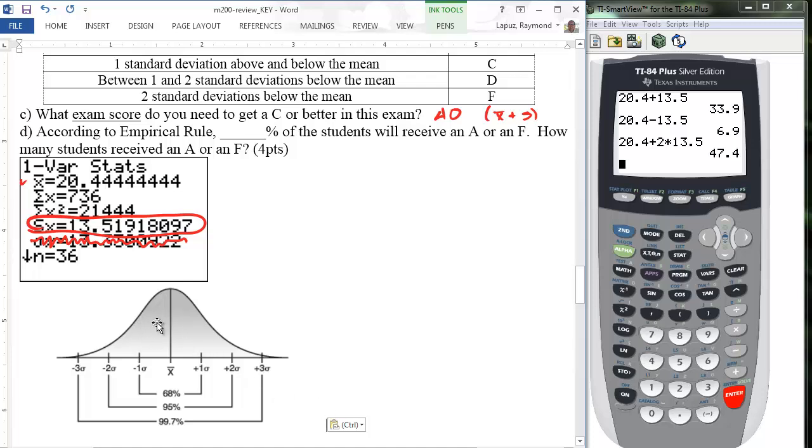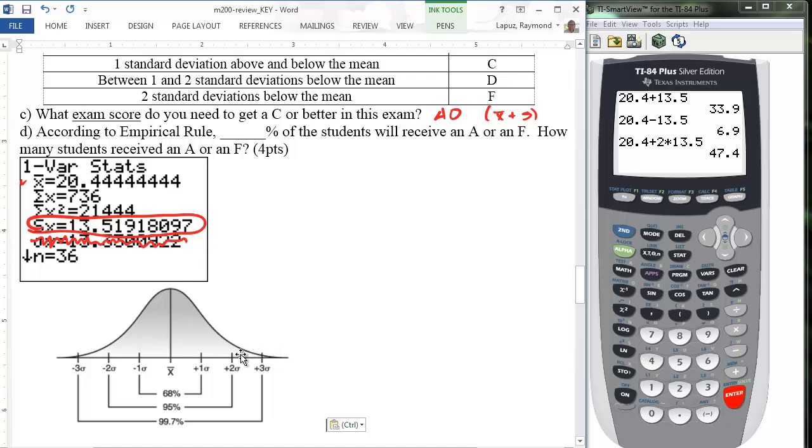This really works a lot better for large amounts of data, but we can apply it here. According to the empirical rule, students will receive an A or an F. Remember, an A or an F is 2 standard deviations above or below the mean. So within 2 standard deviations you get 95%.